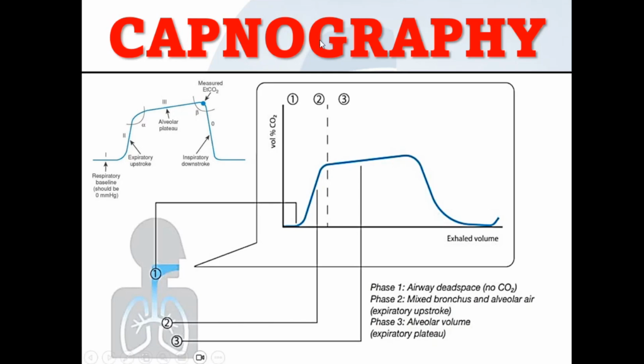So that is your airway dead space. The second is a mixture of airway dead space plus alveolar air. And number 3 will be 100% alveolar air. So this plateau part is your inspiratory baseline, followed by your expiratory upstroke, then the alveolar plateau or expiratory plateau, and finally your inspiratory downstroke.